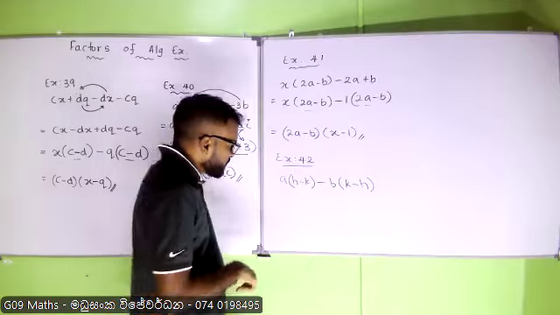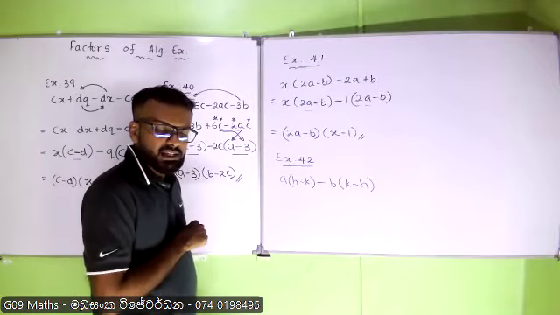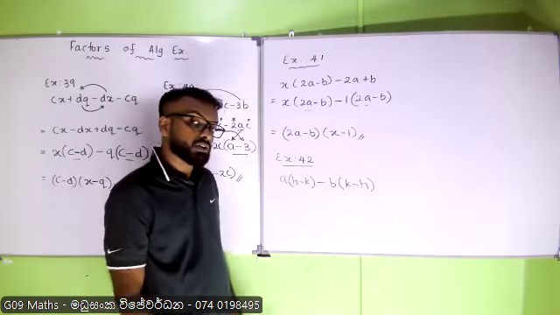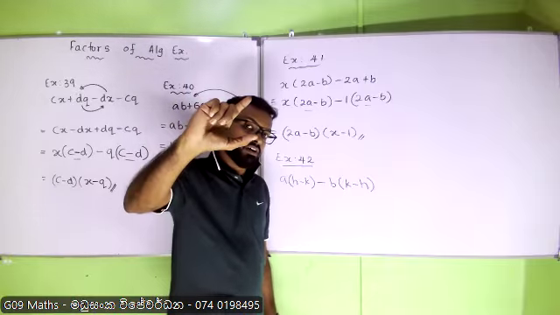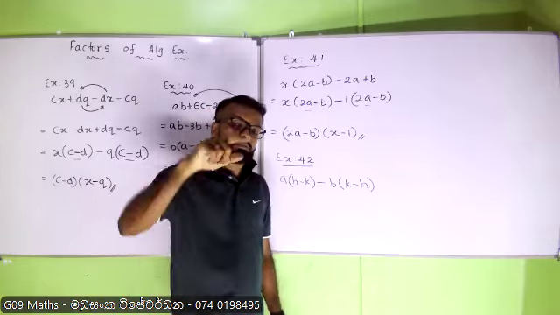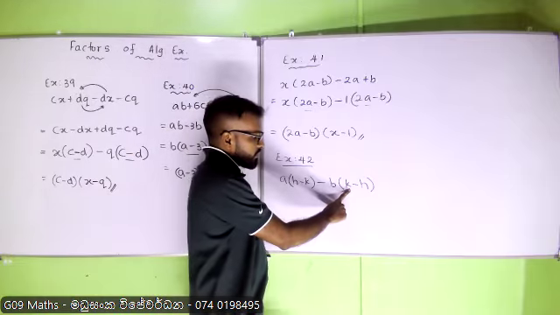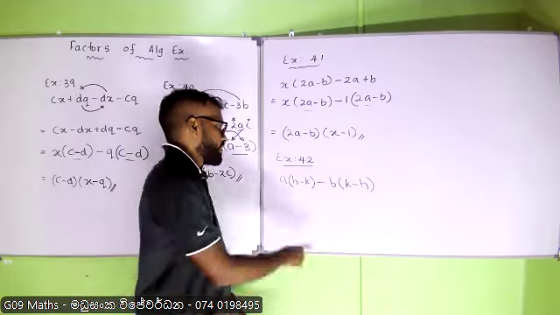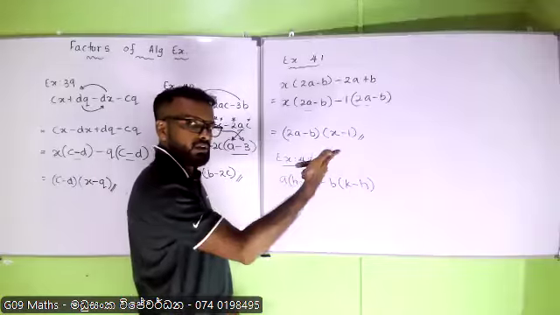Here you have h minus k as one factor, but here you have k minus h. And I told you a way to do this one.